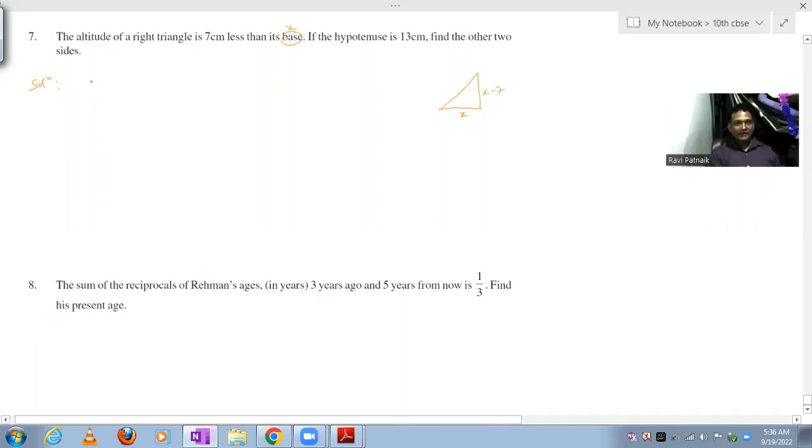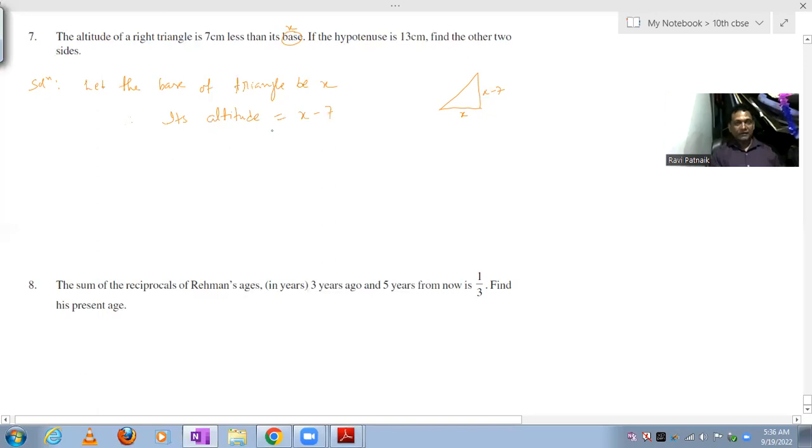So let the base of the triangle be x. Therefore, its altitude is equal to x minus 7.